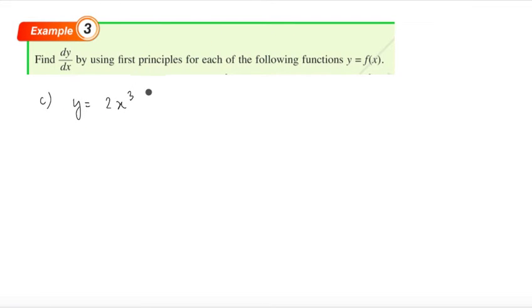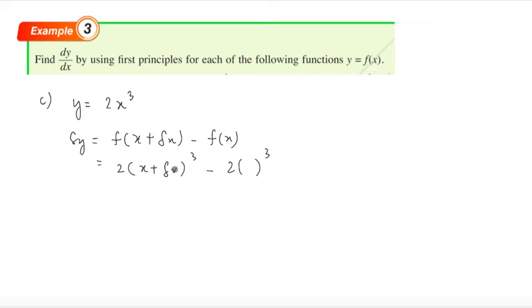Okay, your example. Okay, again, delta y equals f(x plus delta x) minus f(x). Function f is 2x cubed. Okay, minus function f is 2x cubed. Whatever is in the bracket, you substitute down inside. Whatever is in the bracket, substitute inside.